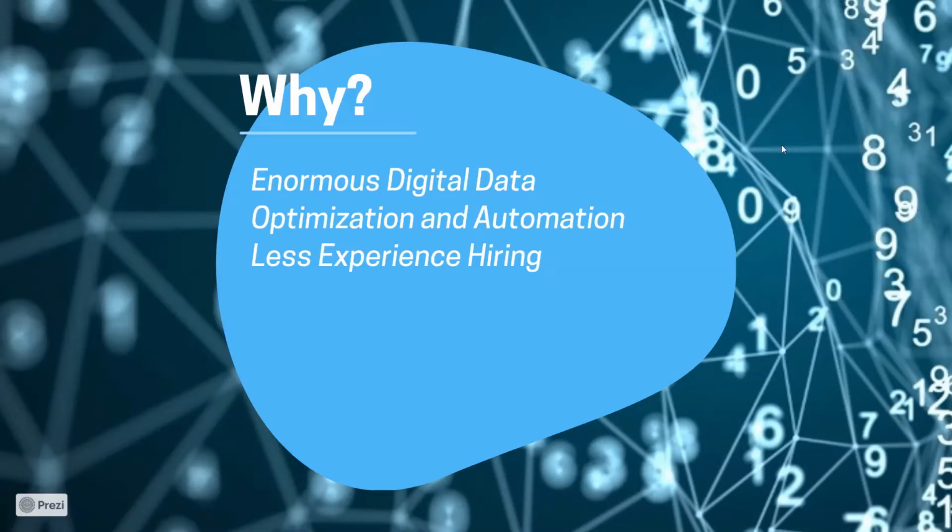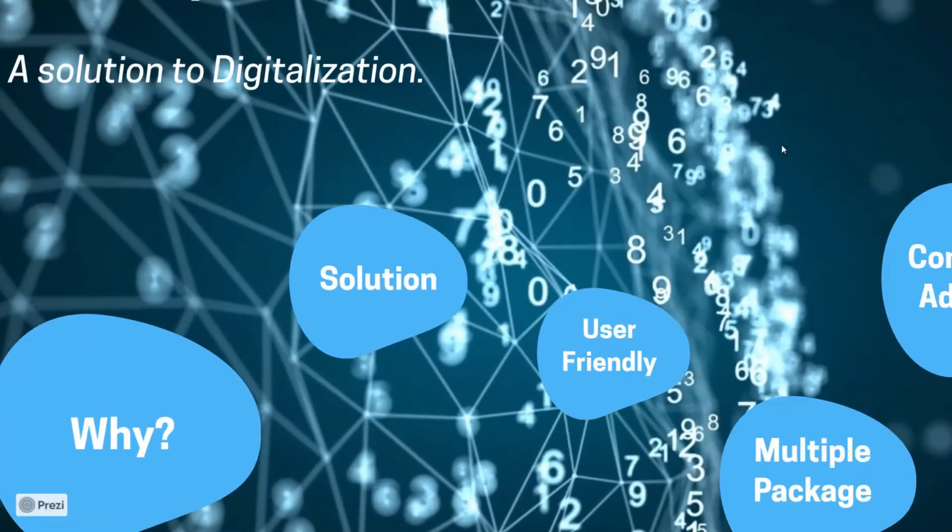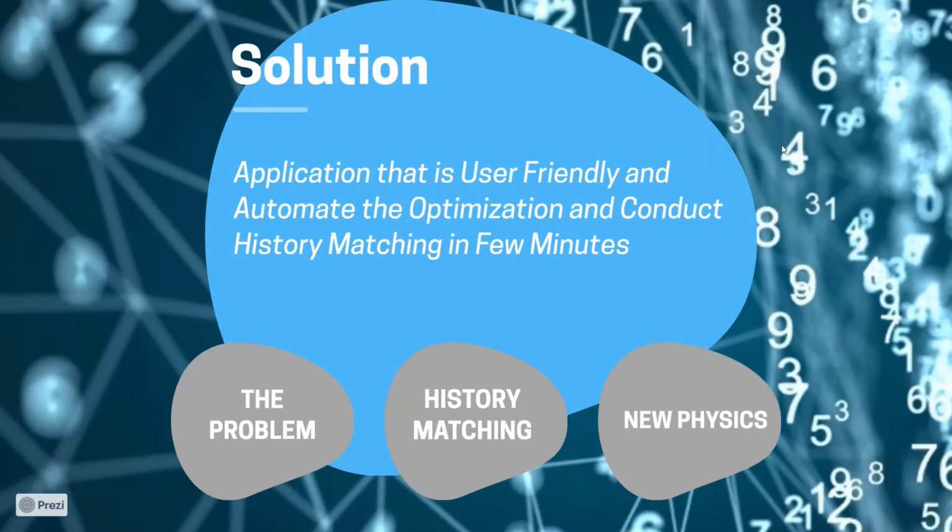So now we understand why. We should see what would be the right solution for such an application and for moving to digitalization. The requirement for such digitalization is to have an application or software that is very user friendly and also takes care of automation and optimization.